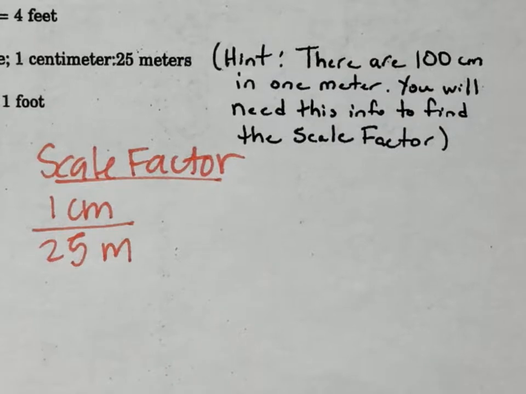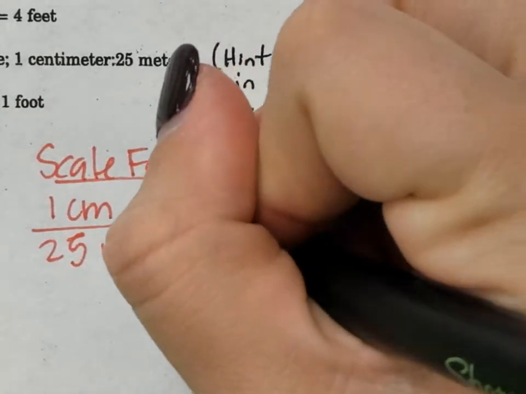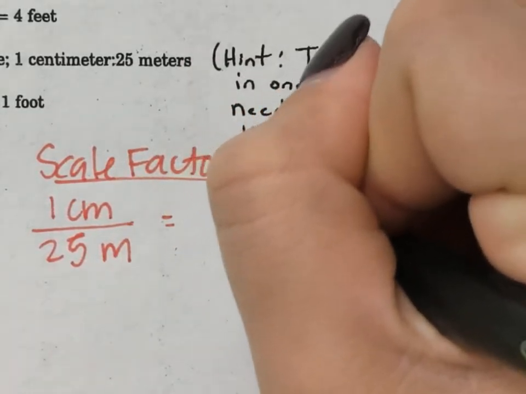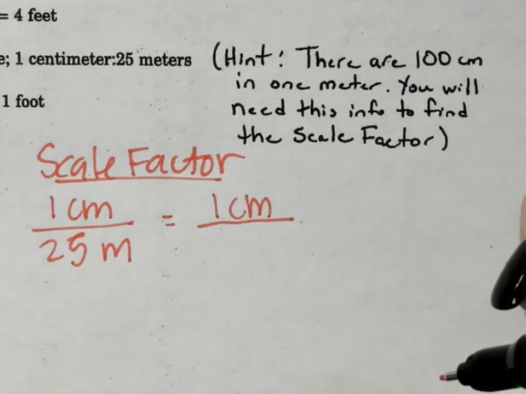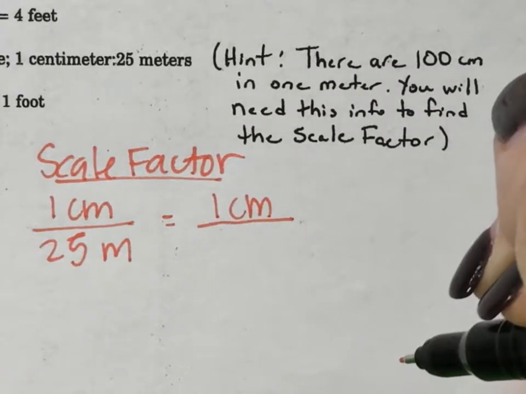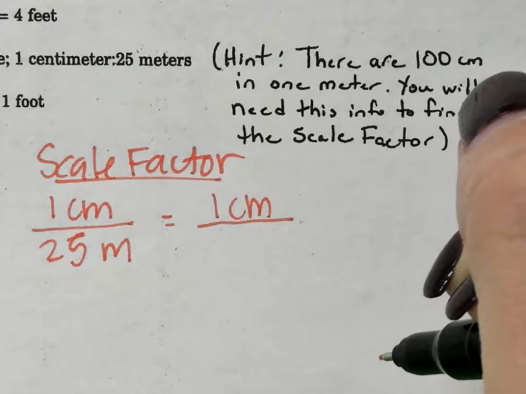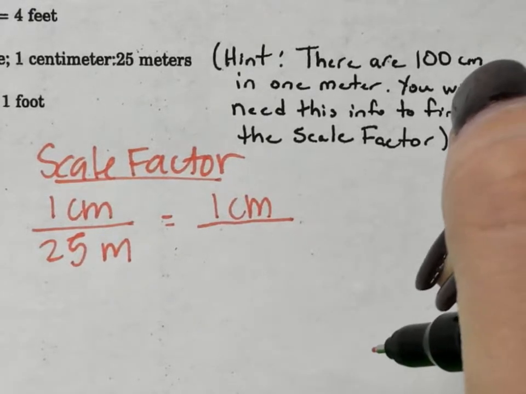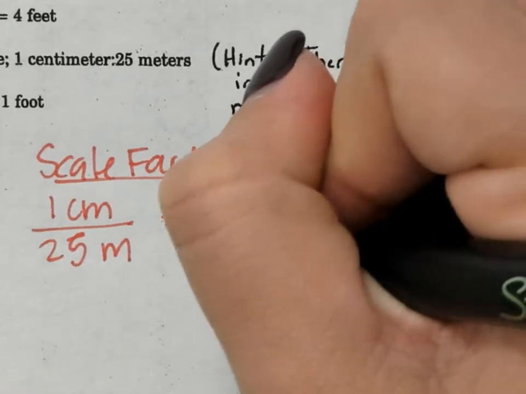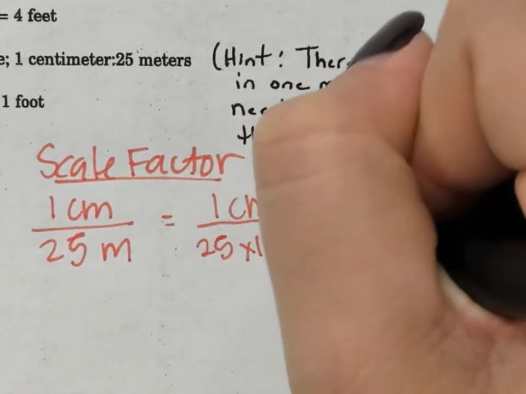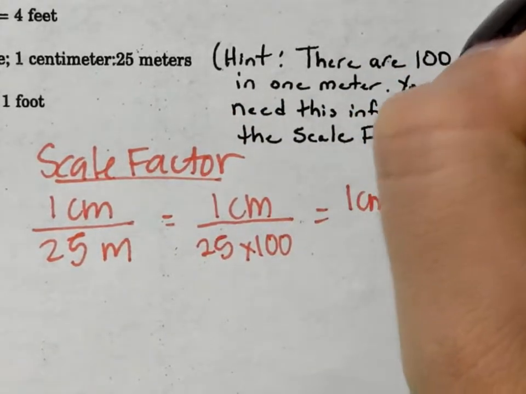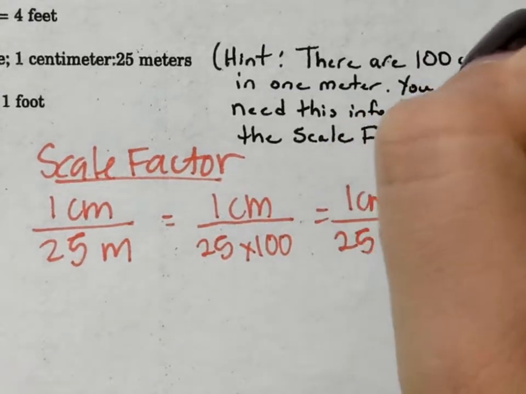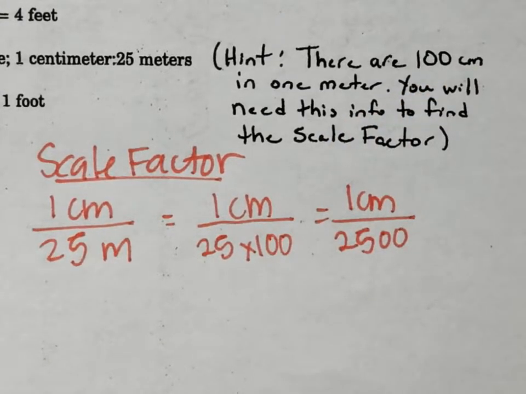So how do I change that meters to centimeters? Multiply what, Dominique? The meters by 100? So 25 times 100? Which is 2,500.